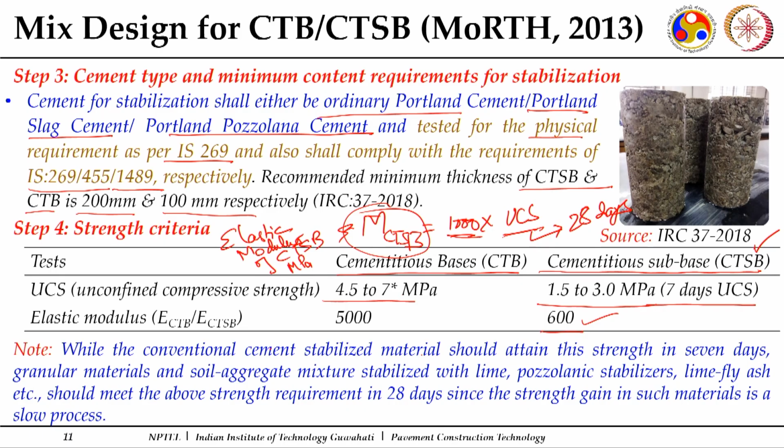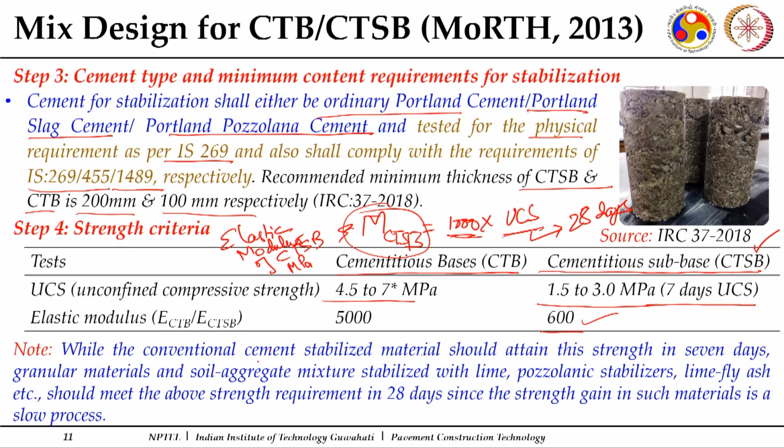When cement is used, there is an early gain in strength, but in the case of other pozzolanic materials, the gain in strength takes longer. So while conventional cement stabilized material should attain this strength in 7 days, granular materials and soil aggregate mixtures stabilized with lime, pozzolanic stabilizers, lime, fly ash, etc. should meet the above strength requirements in 28 days, since the strength gain in such materials is slow.